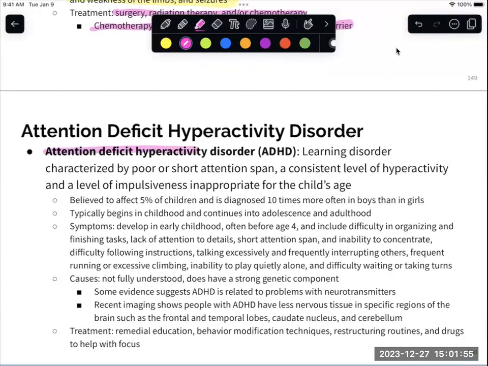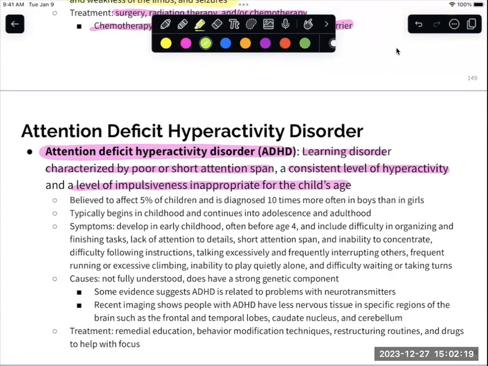Attention deficit hyperactivity disorder, ADHD. This is a learning disorder or short attention span, with consistent levels of hyperactivity. These people have impulsiveness inappropriate for the child's age.